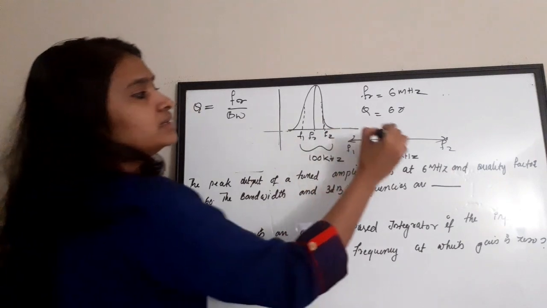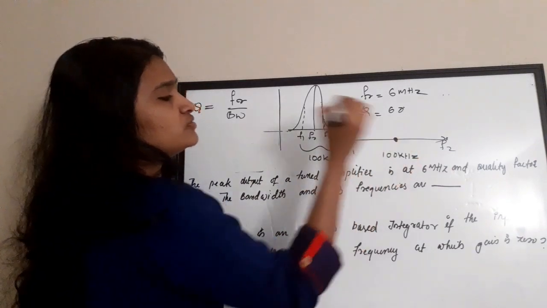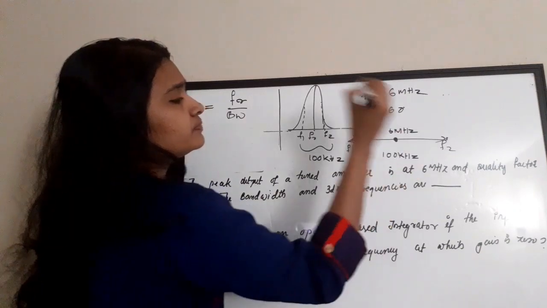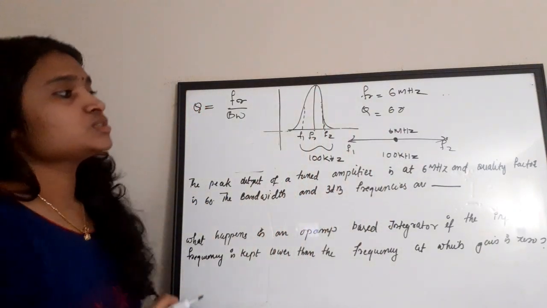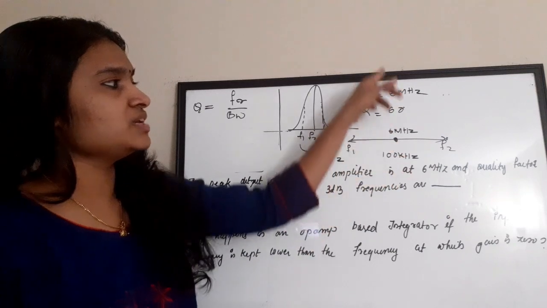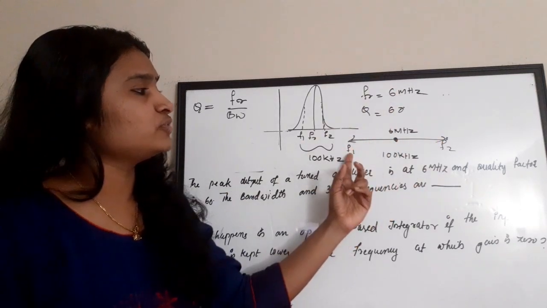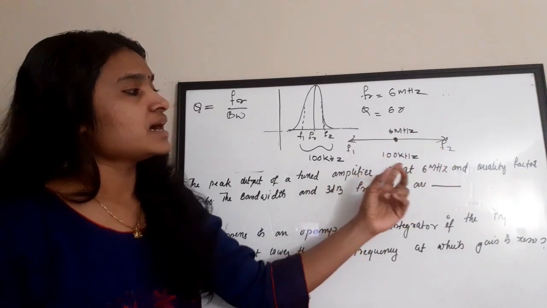And the midway or the resonant frequency is 6 megahertz, right? Okay. So this peak is 6 megahertz and total width of F1 and F2 is 100 kilohertz.